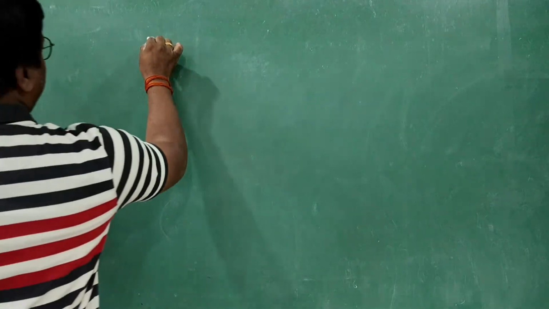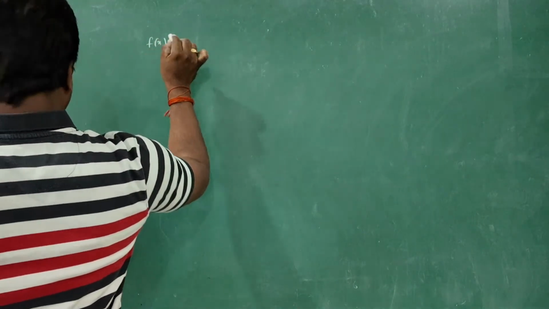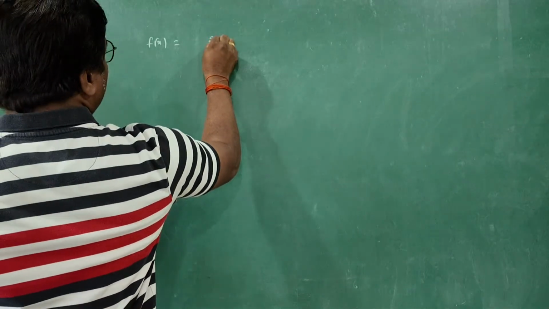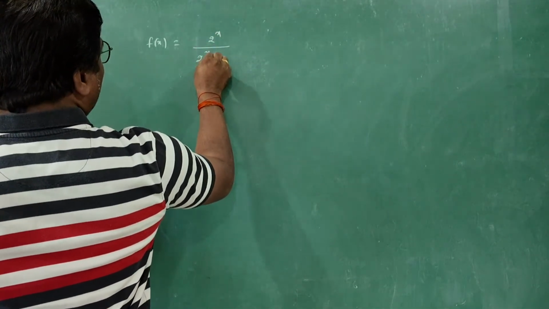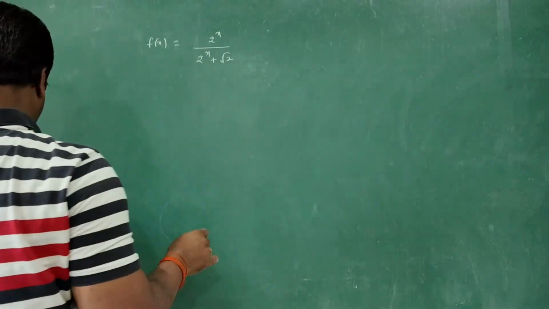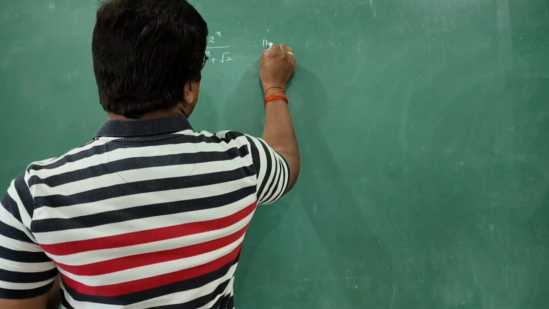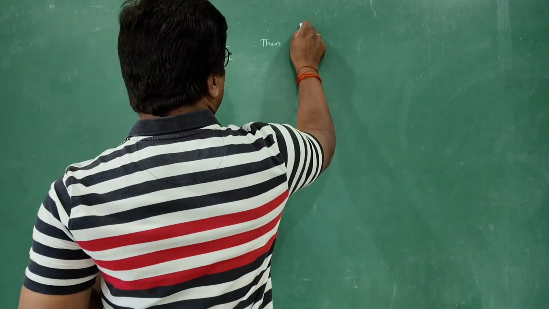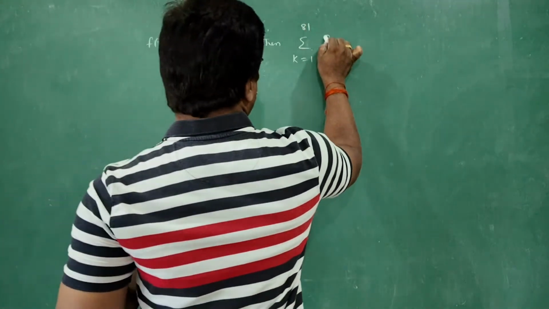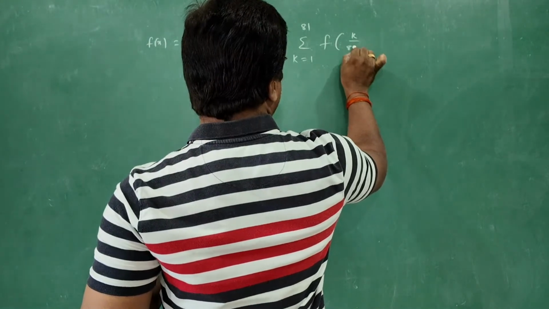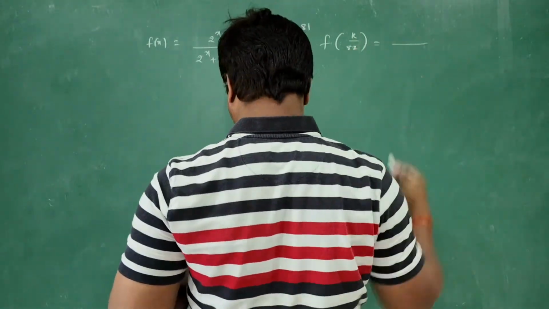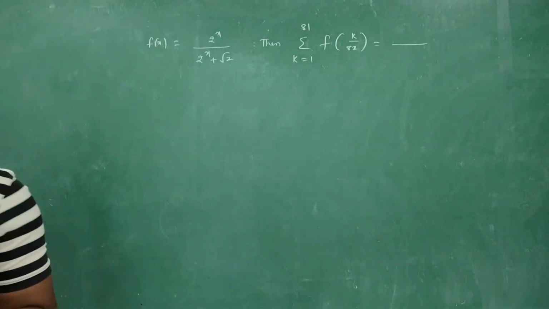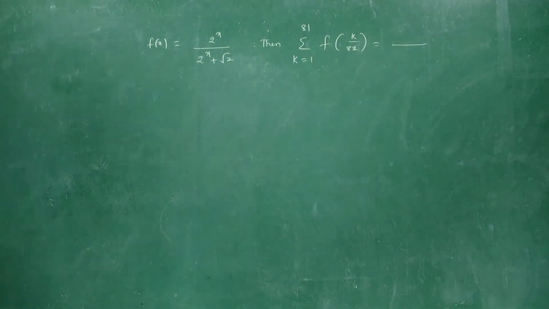F of x equal to 2 to the power of x divided by 2 power x plus root 2. Then the question: summation k value from 1 to 81, F of k divided by 82 equal to how much? A simple question from functions topic.